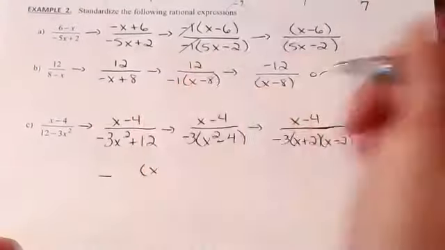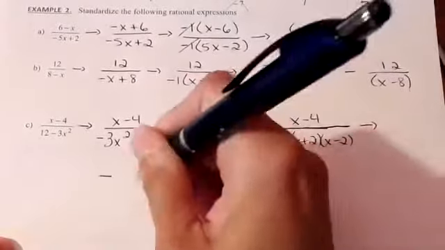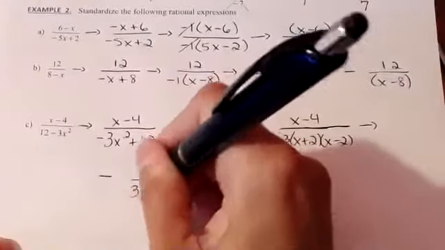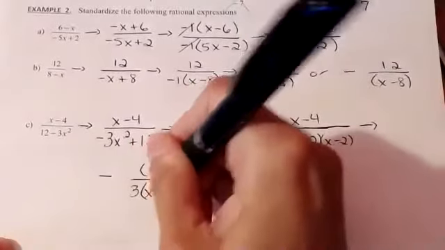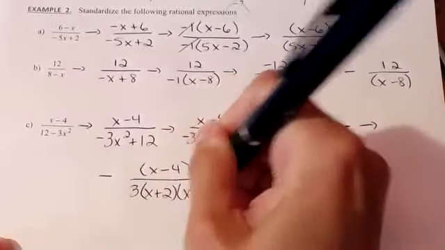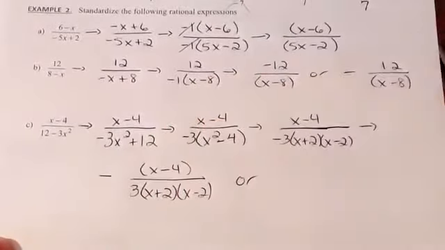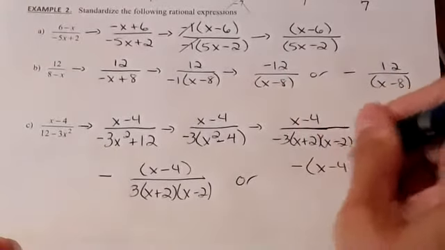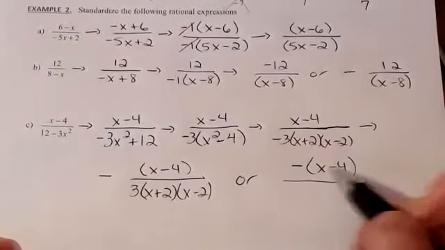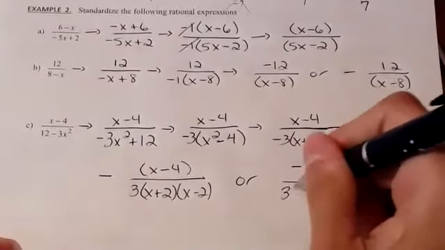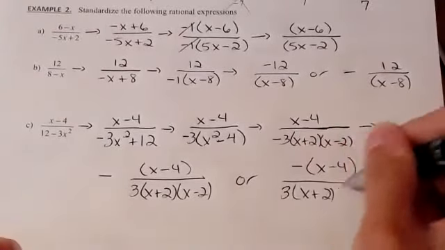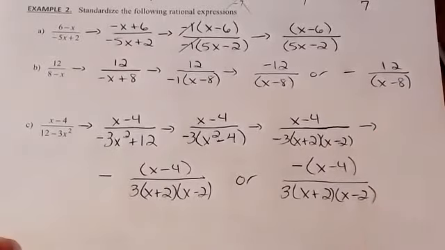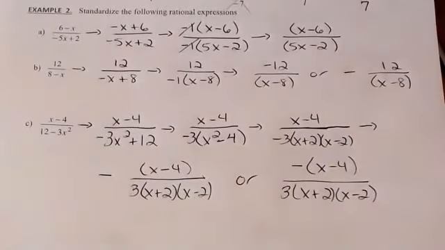Negative in front of the fraction. Notice I am simply moving that negative sign. Everything else stayed exactly the same. Or bring the negative to the numerator. But notice that I keep my set of parentheses. I keep everything delineated, so to speak. Okay.